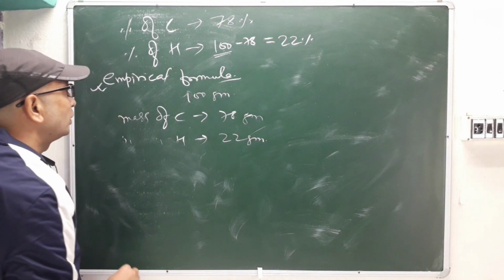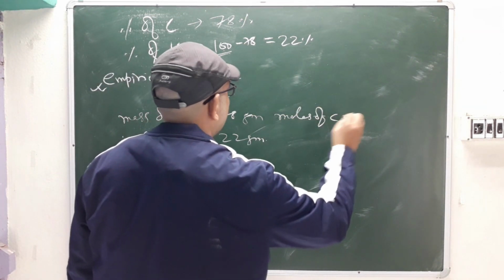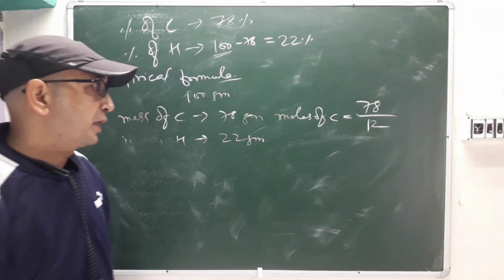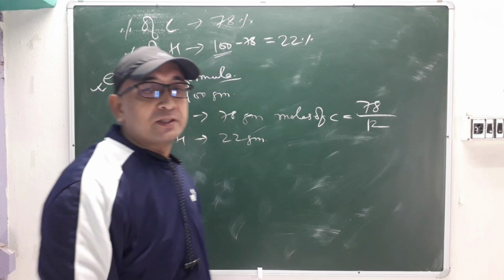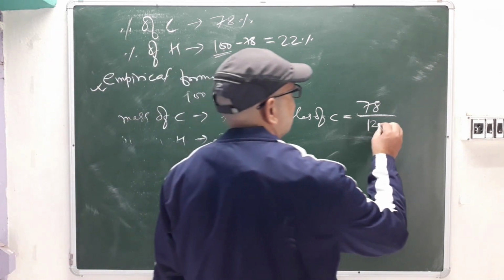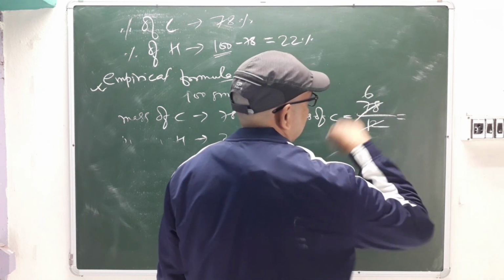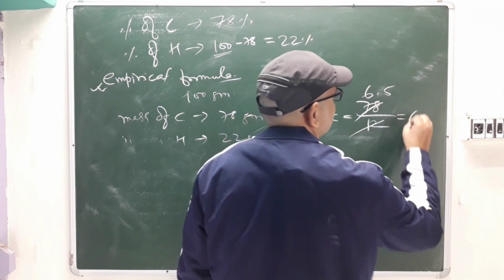Now find the moles. Moles of carbon will be 78 divided by 12, right? So 78 divided by 12, how much is it coming? It will come around 6.5.